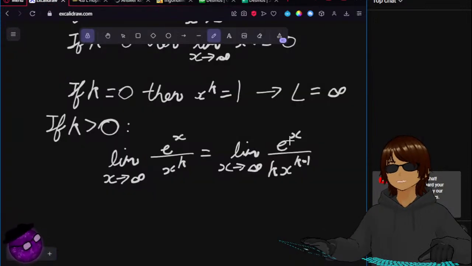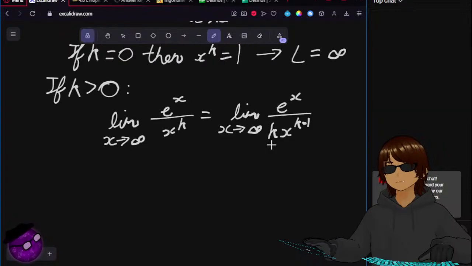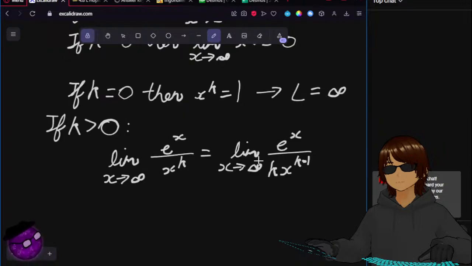I think if k is 1 or less than 1, then e to the power of x would outgrow it. Let me think this through.